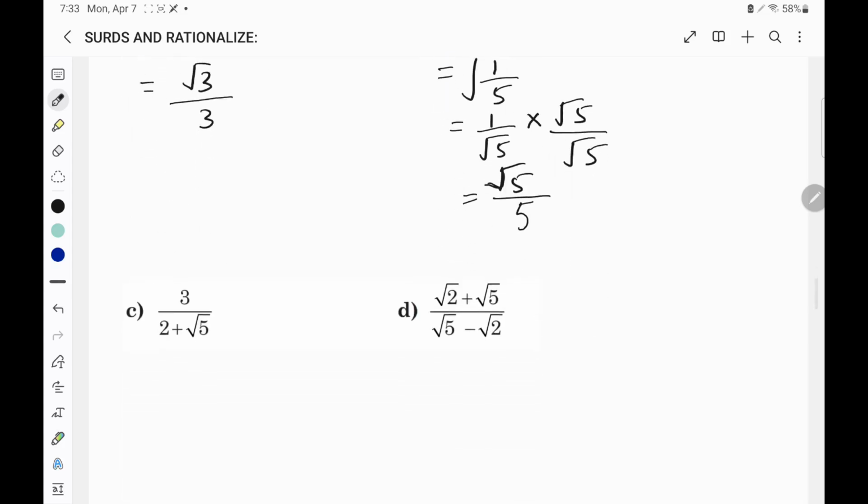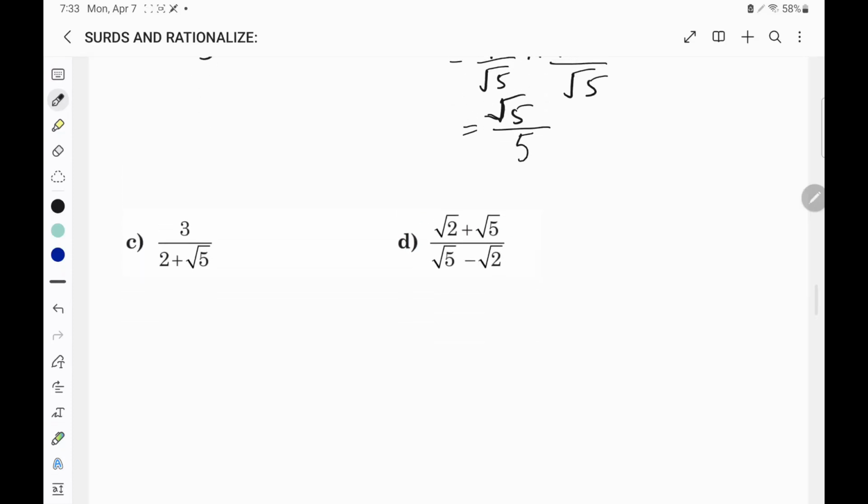Okay. Now the next thing, you can see 3 divided by 2 plus square root 5. This can also be possible. If you have two numbers in between with a plus sign, multiply with the two numbers with a minus sign in between, because a plus b times a minus b will become a square minus b square.